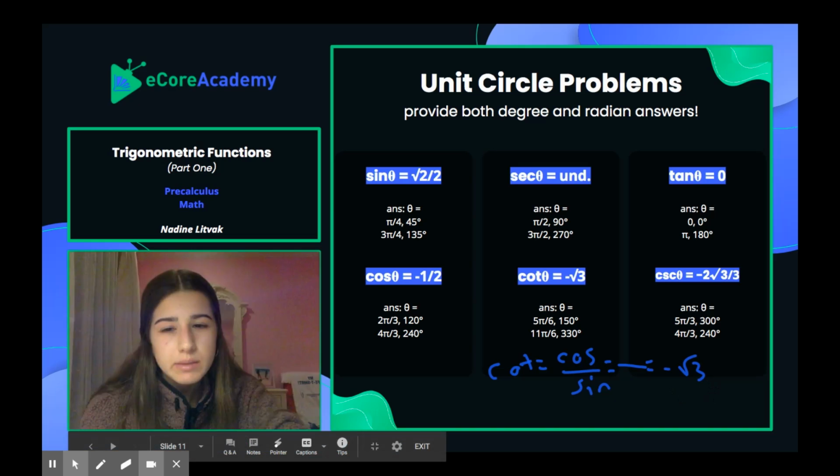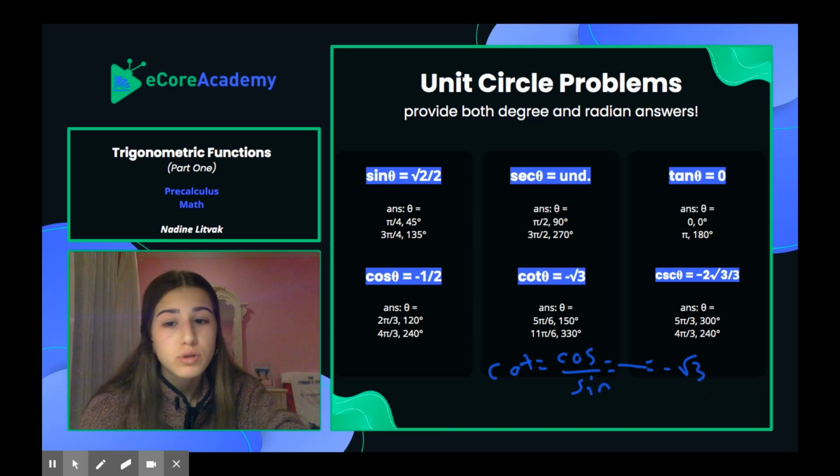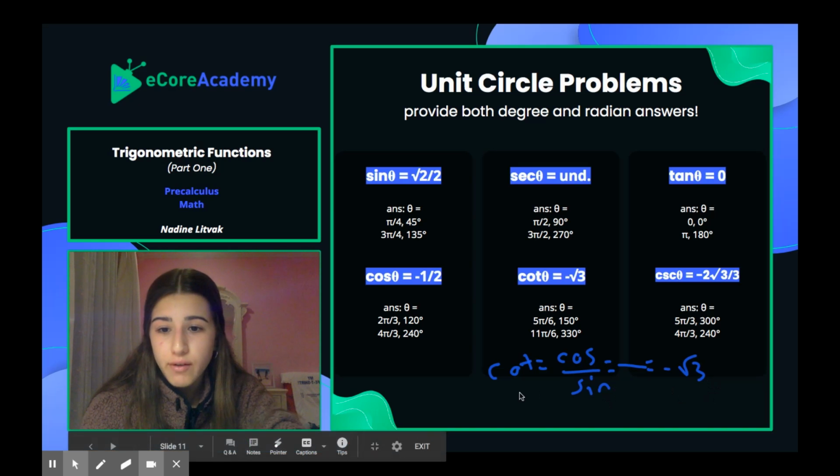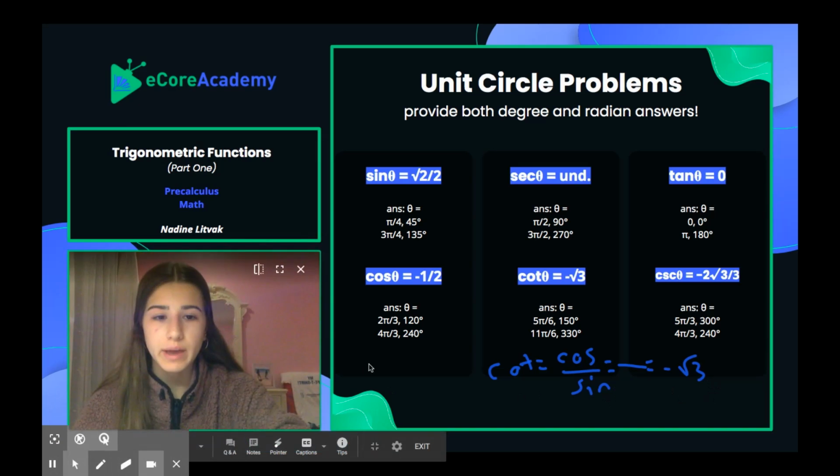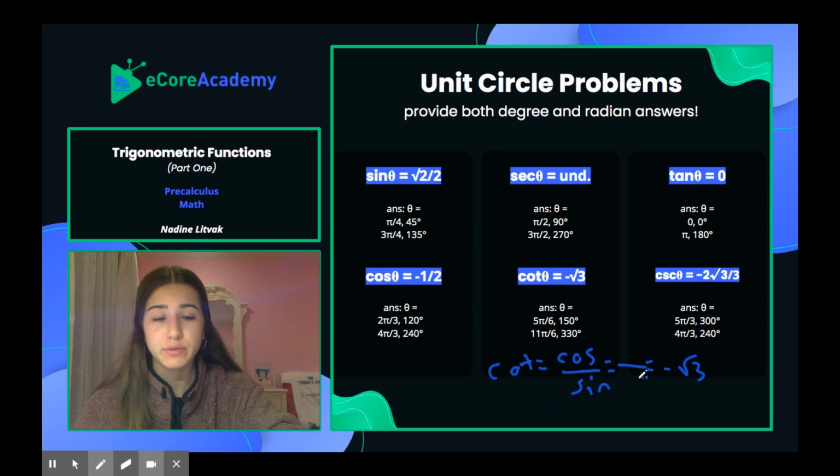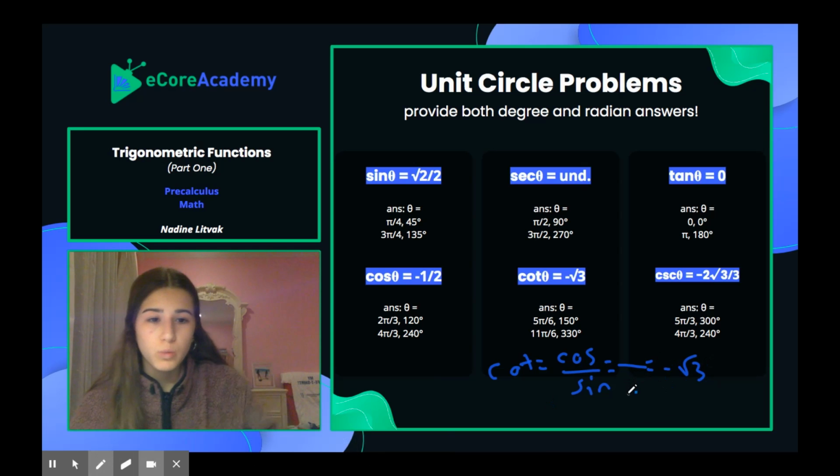So this seems tricky, but if you know the unit circle really well, which you will after you memorize it, this is not that bad of a problem to solve. Okay, let's solve for cosine and sine to be negative root 3. So we know that we're going to need a 2 to cancel out somewhere.